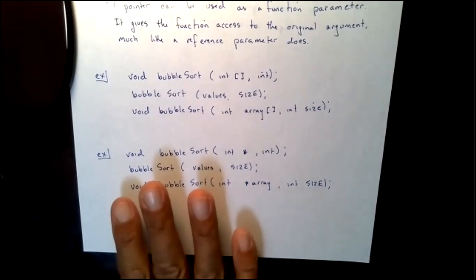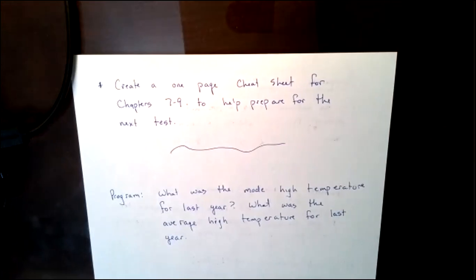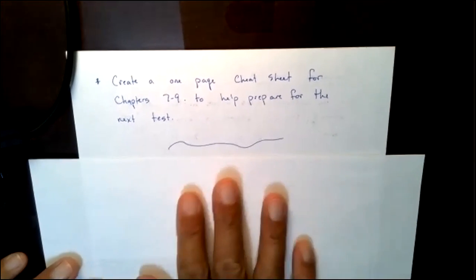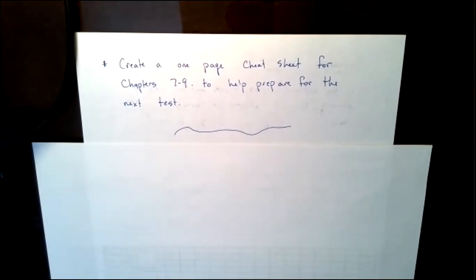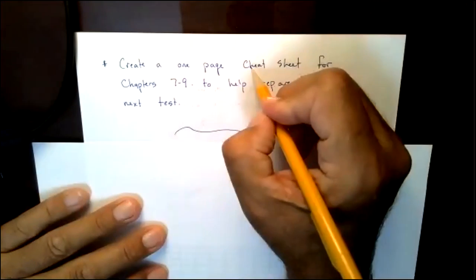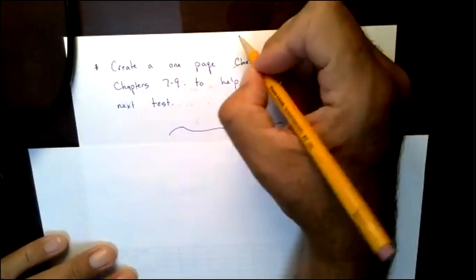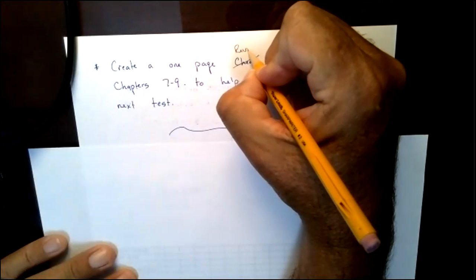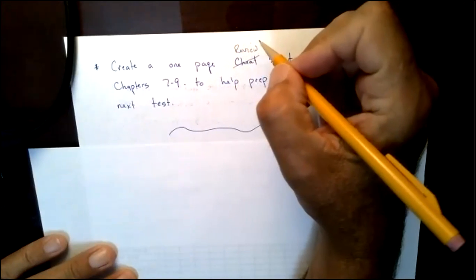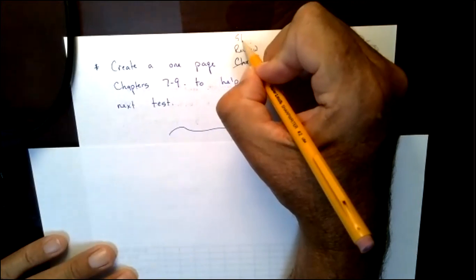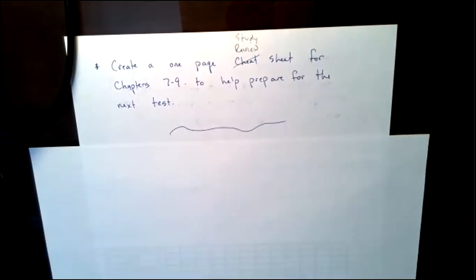So the next thing we're going to do, and we're not going to write the program yet, is I'm going to put you in groups, and I want you to prepare a 1-page, and I don't want to call it a cheat sheet. That's probably not the best name, but it's a 1-page review sheet, study sheet, summary sheet, whatever name you want to give it.